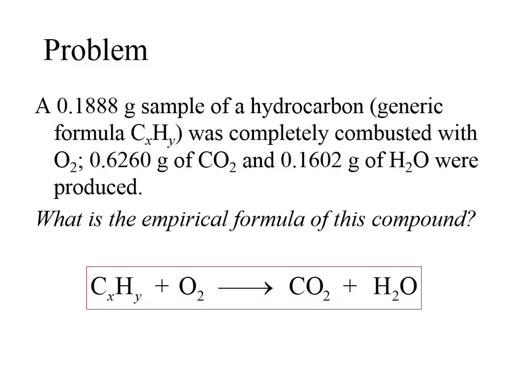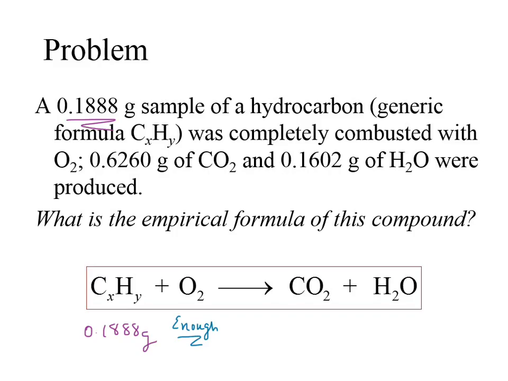If you read the problem, this is just a simple hydrocarbon, and the mass of the hydrocarbon that was put into the furnace is given: 0.1888 grams. Completely combusted. So I'm going to go ahead and say enough. Sometimes I put excess, because we've talked about limiting reactants. So we have plenty of O2.